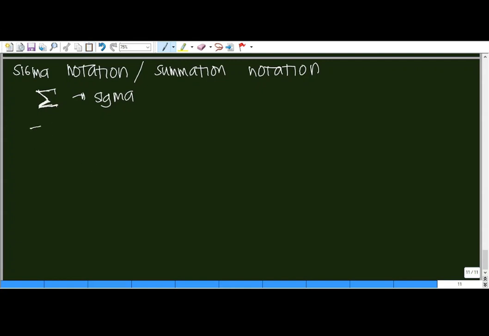So given this one, and these are the parts of sigma notation.